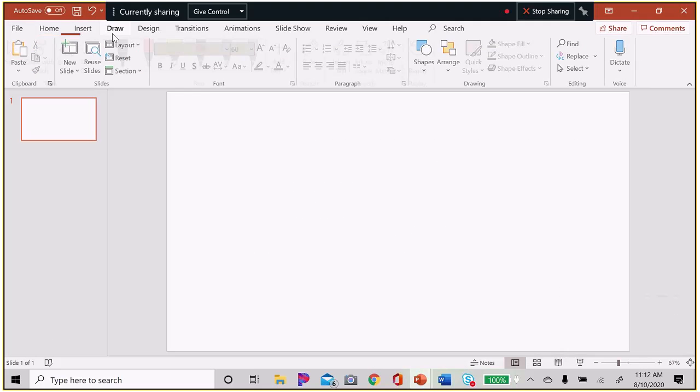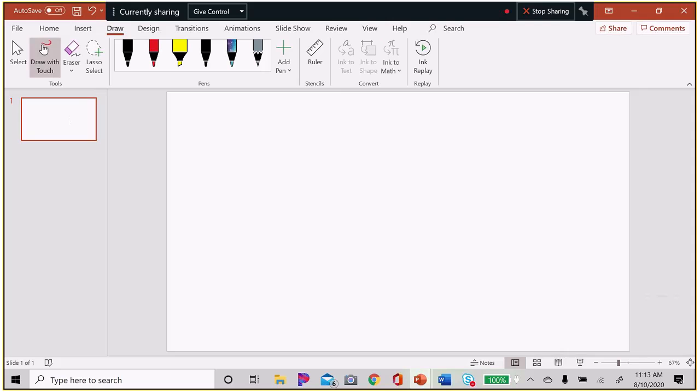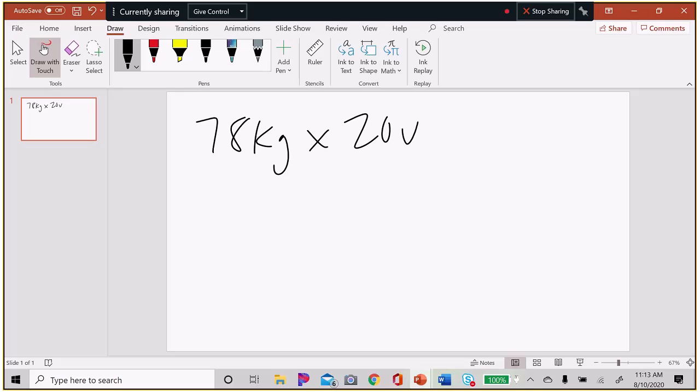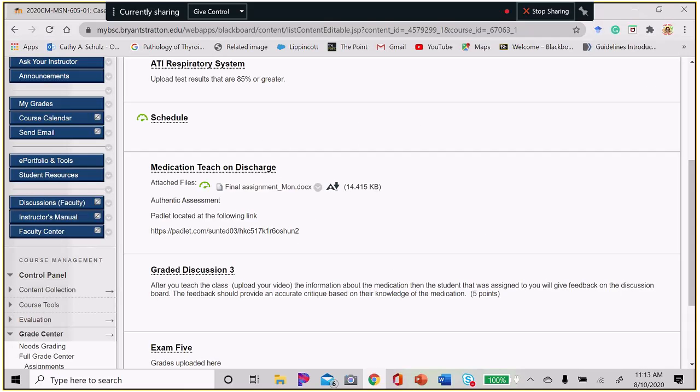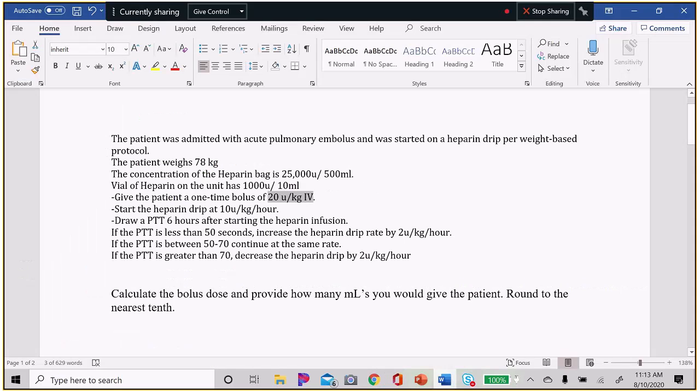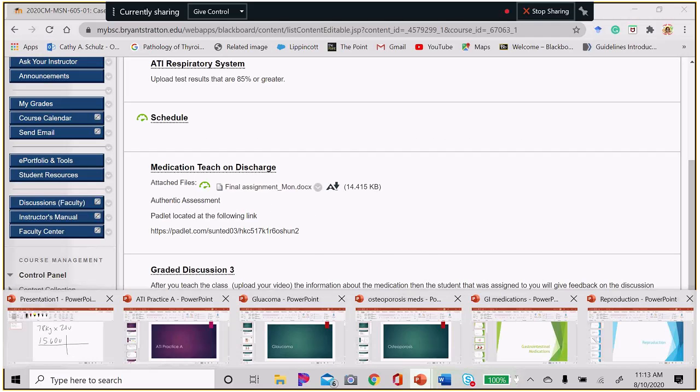So that's 78 kilograms times 20 units. And 78 times 20 is 1,560 units of heparin that I have to give. So I need to find out the milliliters that I need. And the concentration of the vial is 1,000 units in 10 milliliters.